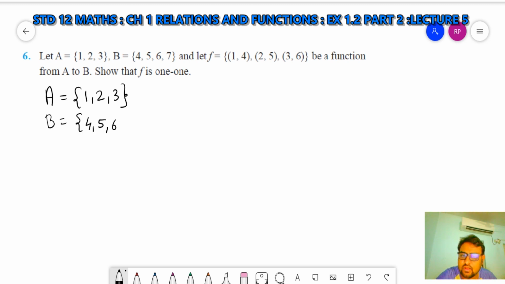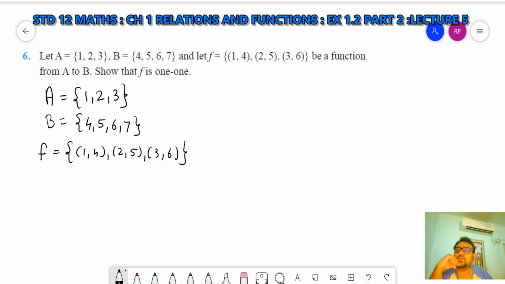The function f from A to B, {(1, 4), (2, 5), (3, 6)}, is a function from A to B. Now show that f is 1-1.